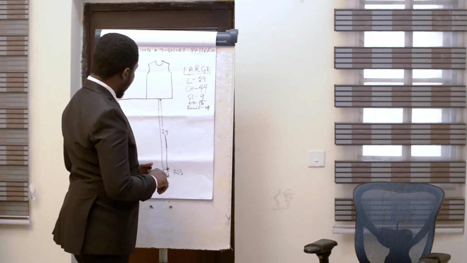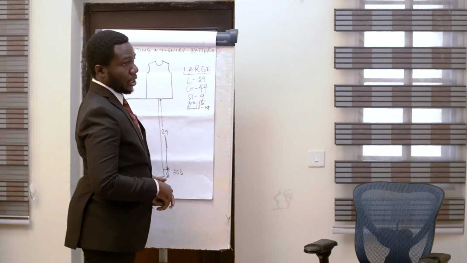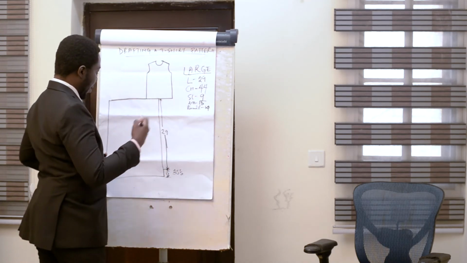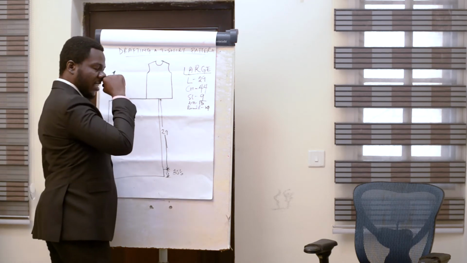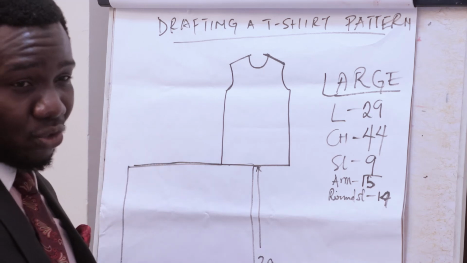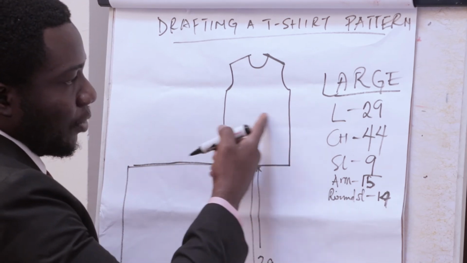The next thing is the chest. You just divide this by 2 and you put it straight as your dimension. If you want to add an extra sewing allowance, usually the most you should add is like ½ inch, because usually this expands.